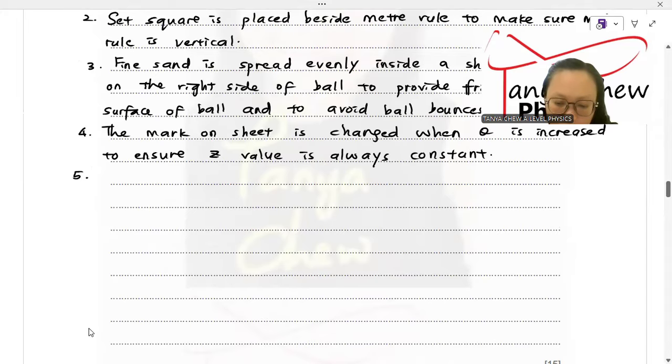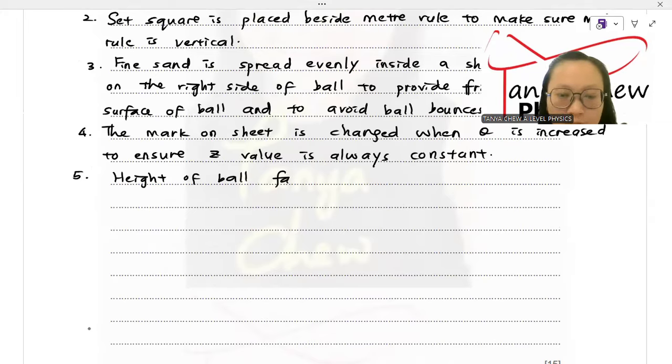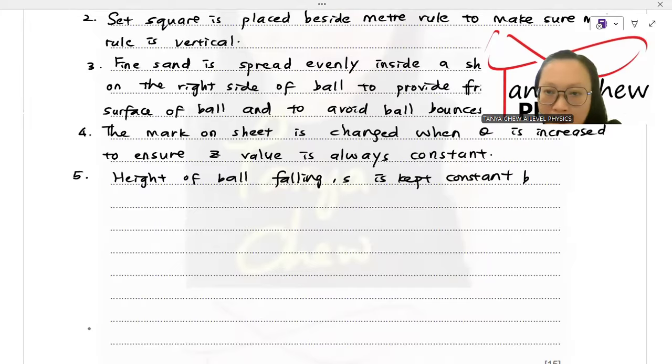But how are we going to make sure that it is constant? You use your meter rule at the side there to check. So I've said that the height of the ball falling, or I put here S, is kept constant by using a meter rule.